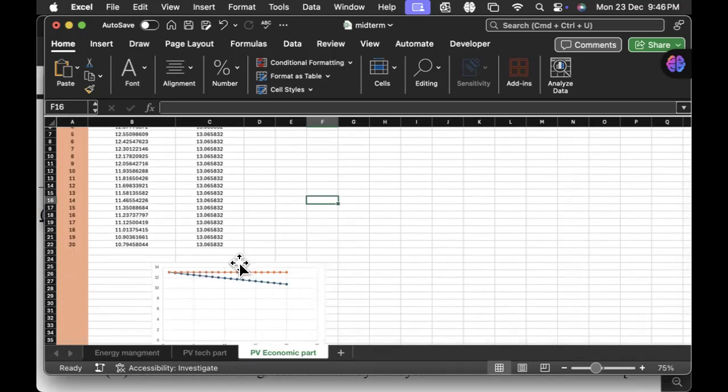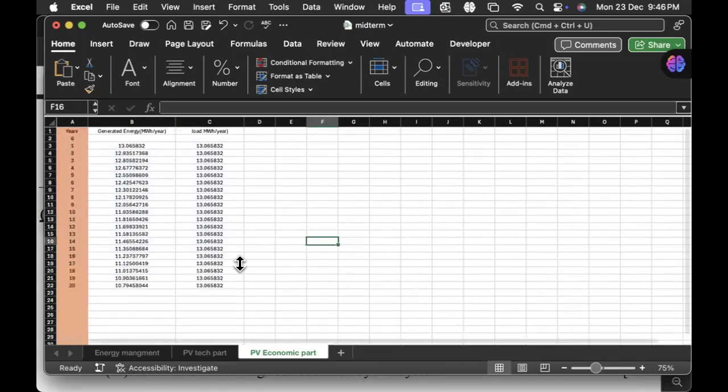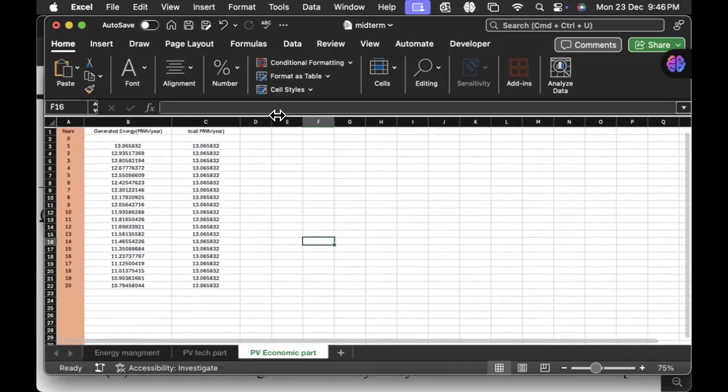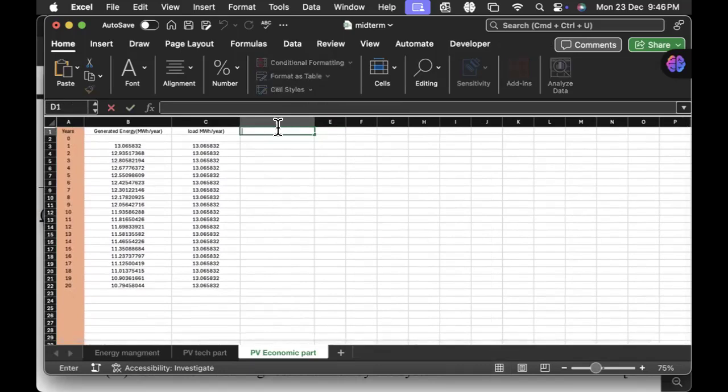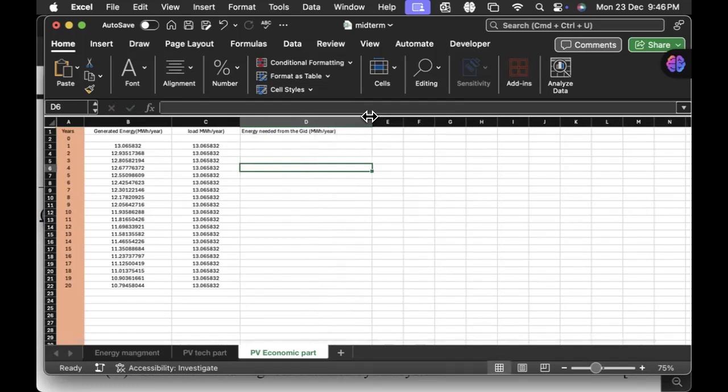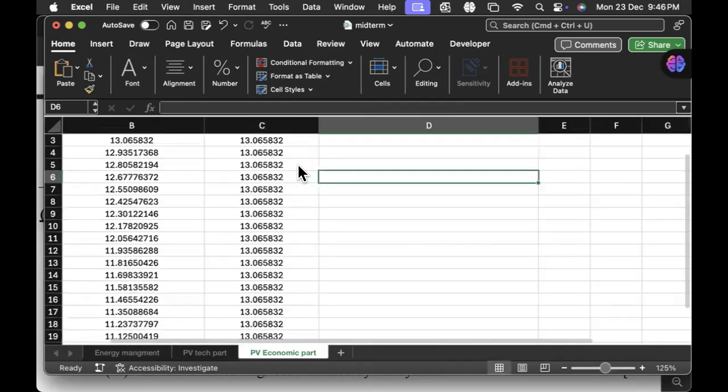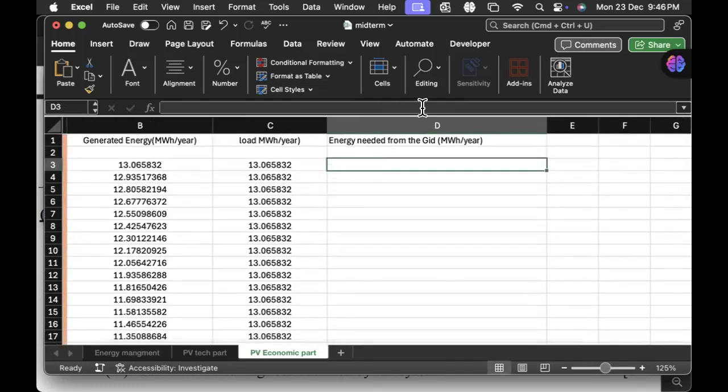So what I'm simply going to do is say, okay, energy needed from the grid, still in megawatt hour per year, not per day.